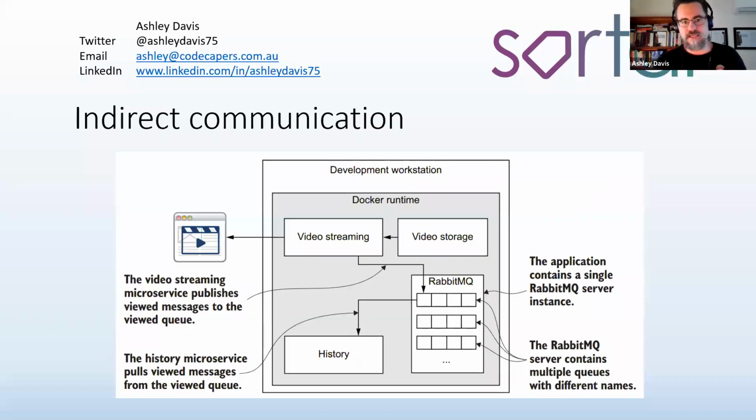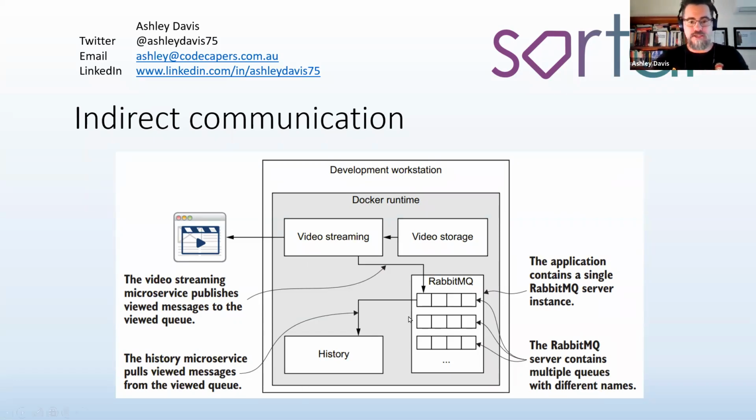So, indirect communication: from one microservice, we can publish a message. Instead of that message going directly to another microservice, say the history microservice, that message goes into a queue. Then when the other microservice is ready, it can pick it up. So the microservices don't know about each other.